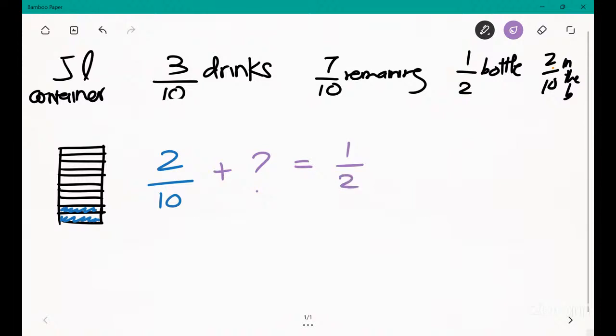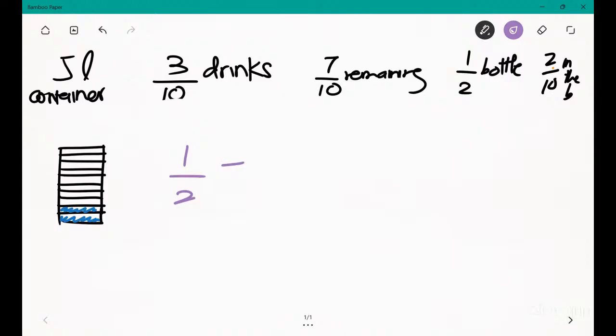So to get the fraction itself, I'm going to subtract 2 over 10, the amount that is already there, from half. Then you will get the amount that has to be poured.